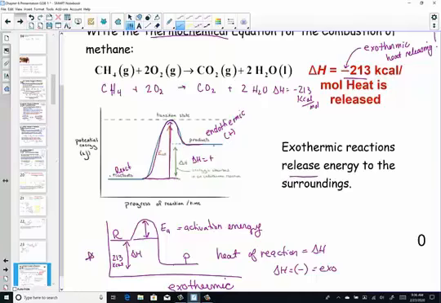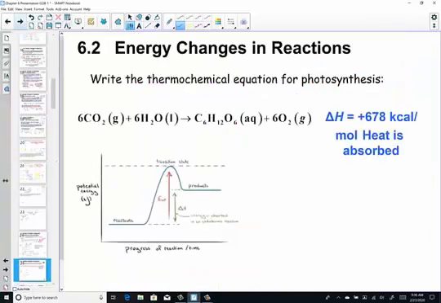Now if we consider this reaction where carbon dioxide and water form glucose and oxygen, this is the thermochemical equation for photosynthesis. 6 moles of carbon dioxide in the gaseous form, plus 6 moles of water in a liquid form react to form 1 molecule of glucose, C6H12O6, and 6 molecules of oxygen.